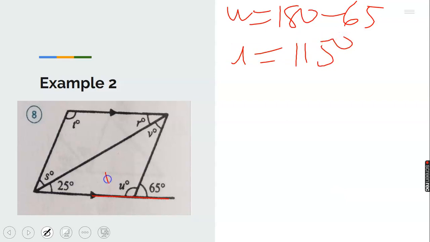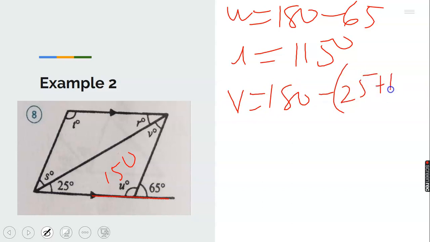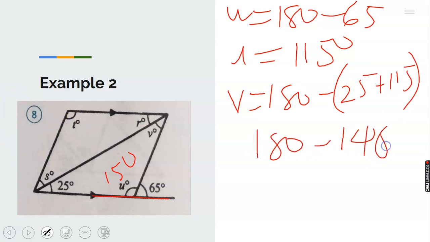Now, you have gotten U. That means our V can be 180 minus 25 minus 115. Now, 180 minus 140, because when you add 25 and 115, it gives us 140. Now, our V equals 40 degrees.